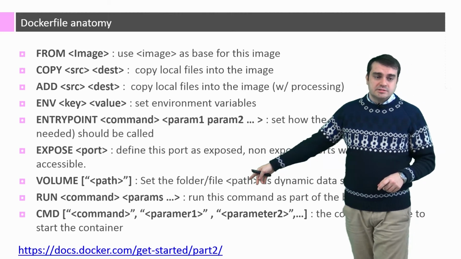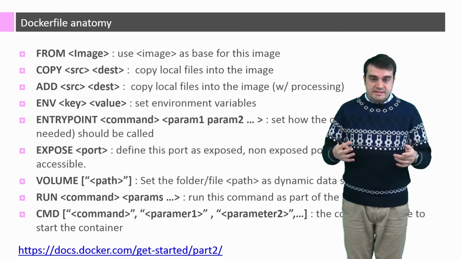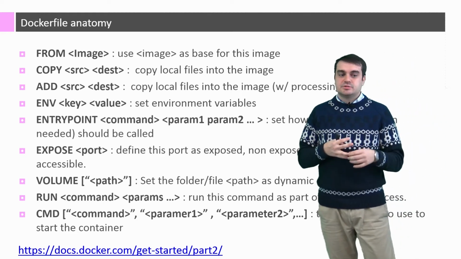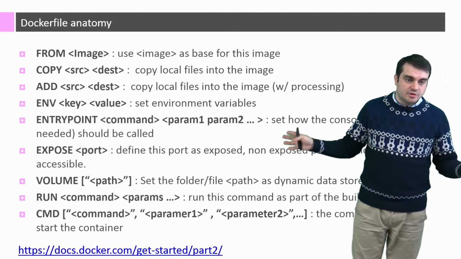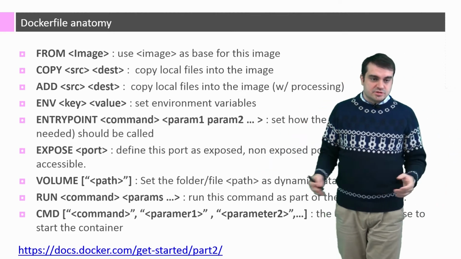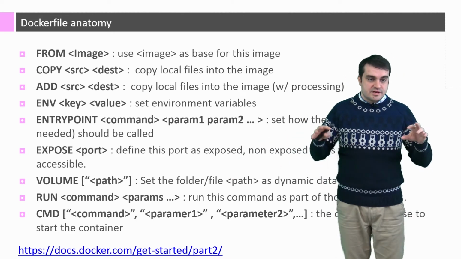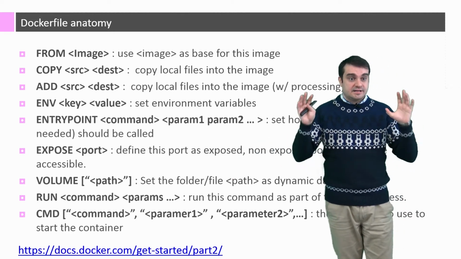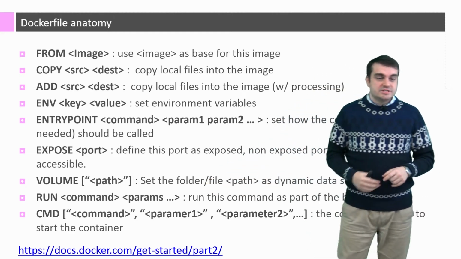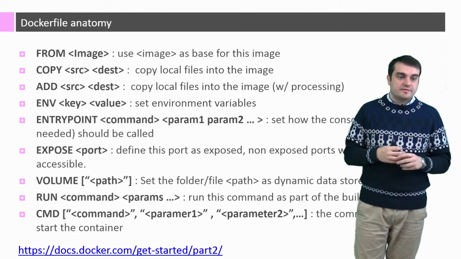We might want to run some commands within this image while we are building it, for example, to install some dependencies or libraries, or change the permissions on a file, or whatever is needed to configure our image so that it's in a running state. And finally, we specify the command that will start our application.